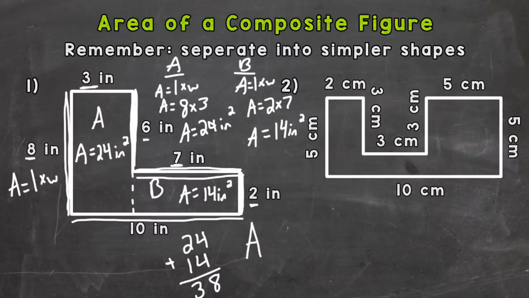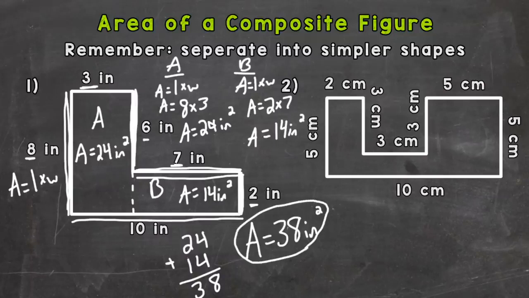So our final area is 38 square inches. Again, we separated into simpler shapes, found those areas, and added them together for the area of the whole composite figure.